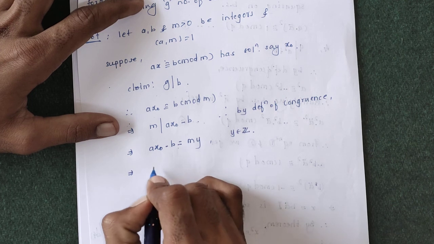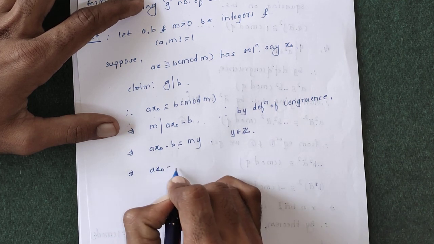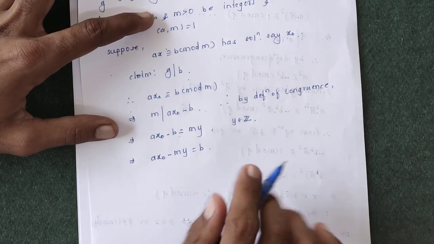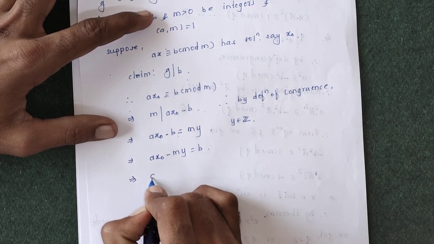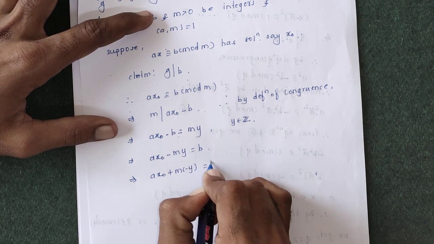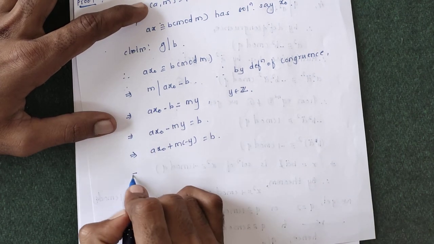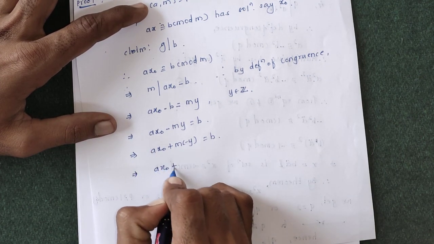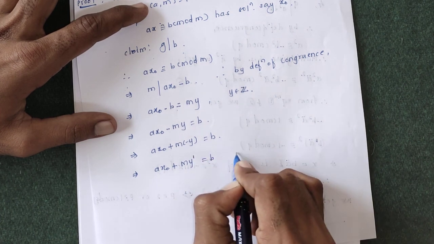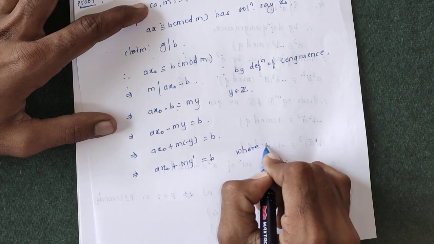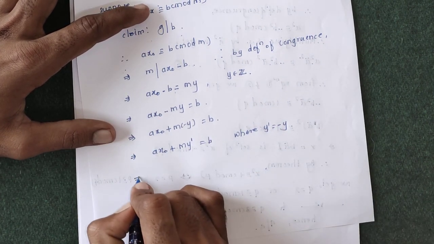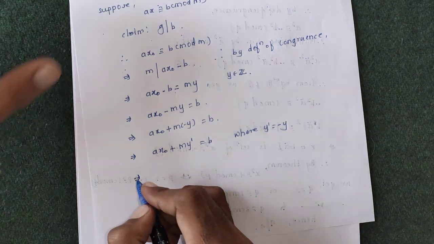So we can rearrange this: ax naught minus my is equal to b, or we can write it as ax naught plus m into minus y is equal to b. So we can write ax naught plus my prime is equal to b, where y prime is equal to minus y.